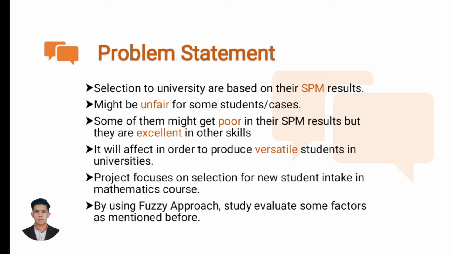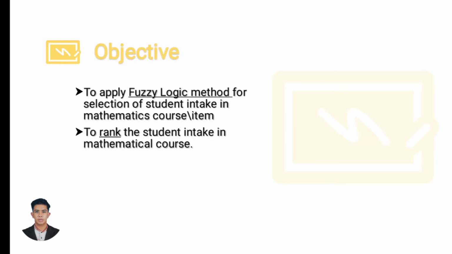Our project focuses on selection for new student intake in the mathematics course. By using the fuzzy approach, the study evaluates the factors mentioned before. Our objectives are, first, to apply the fuzzy logic method for selection of student intake in the mathematics course, and second, to rank the student intake in the mathematics course.